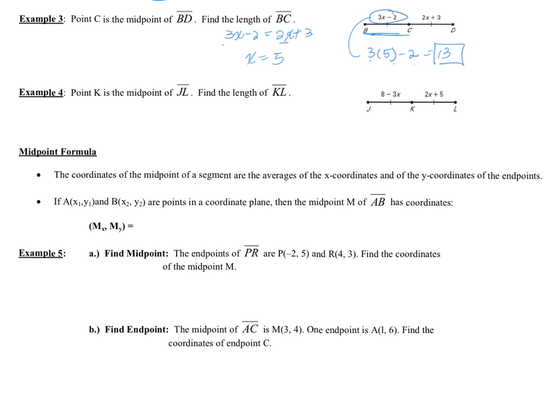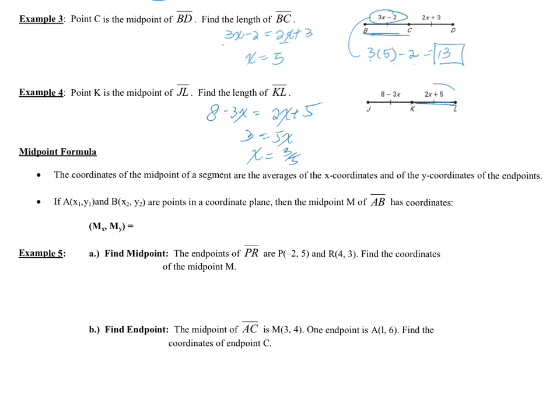Example 4. Point K is the midpoint of segment JL. Find the length of KL. So I'm going to take 8 minus 3x equals 2x plus 5. And then negative 3x, move it over to the other side, which would be 5x. And then 8 minus 5, 3 equals 5x, so x equals 3 over 5.